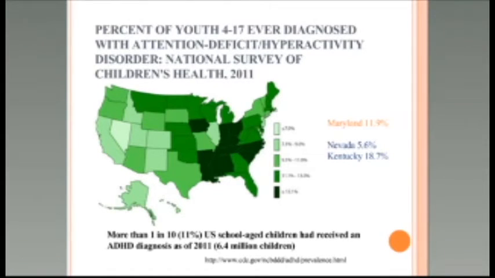I am in Maryland, so that's why I've had that highlighted. The Maryland rate is 11.9. The state in which ADHD is least frequently diagnosed is Nevada, at 5.6, and Kentucky seems to have the highest rate at 18.7%. But you can see the variation. There are certainly variable practices and various diagnoses across the country.